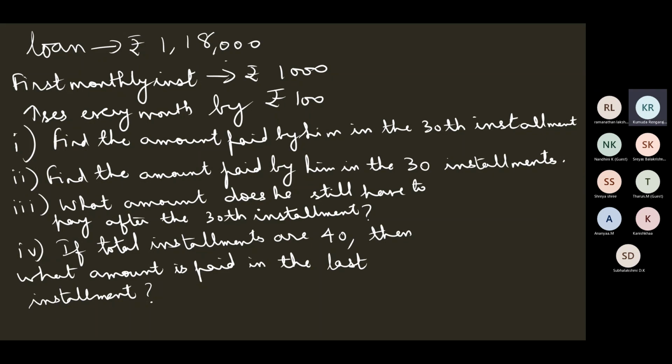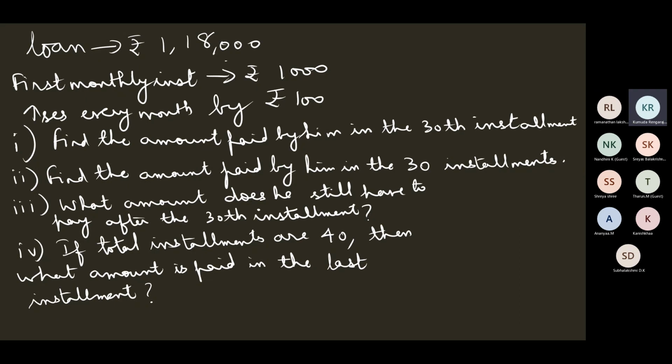Correct. Next one. The amount paid by him in the 30 installments. Is that A30 or S30? S30, because we find the amount paid by him in all the 30 installments.